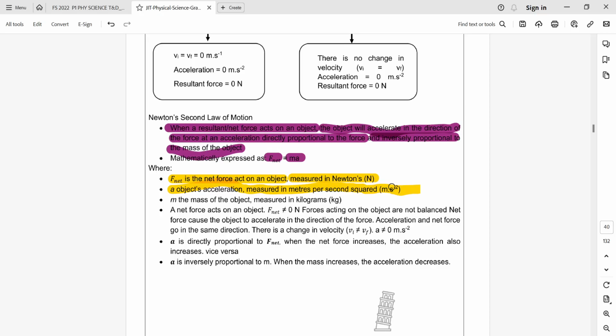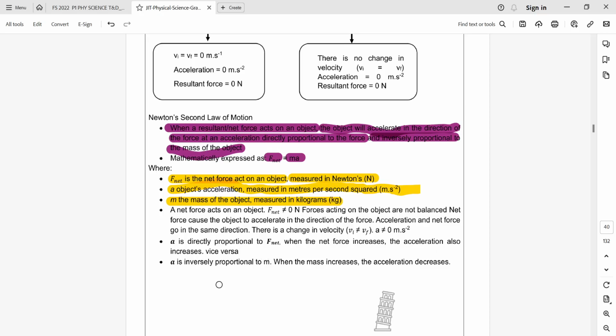Then m represents the mass of an object, measured in kilograms. Every time you are given a mass, make sure that you convert it into kilograms if it was not given that way initially, so that you end up calculating correctly.